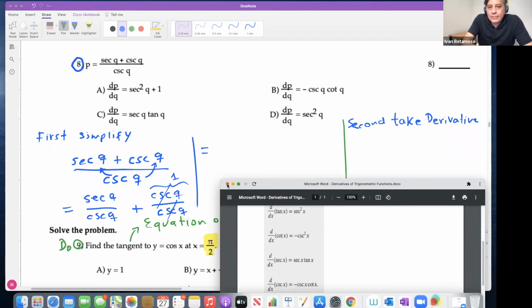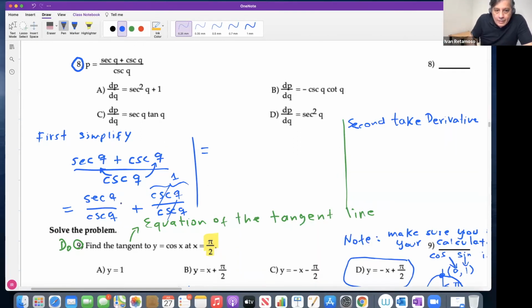Let's do it together so we can take the second break. For this part, this is 1 over cosine of q, this is 1 over sine of q, plus cosecant of q divided by cosecant of q, which is just 1.